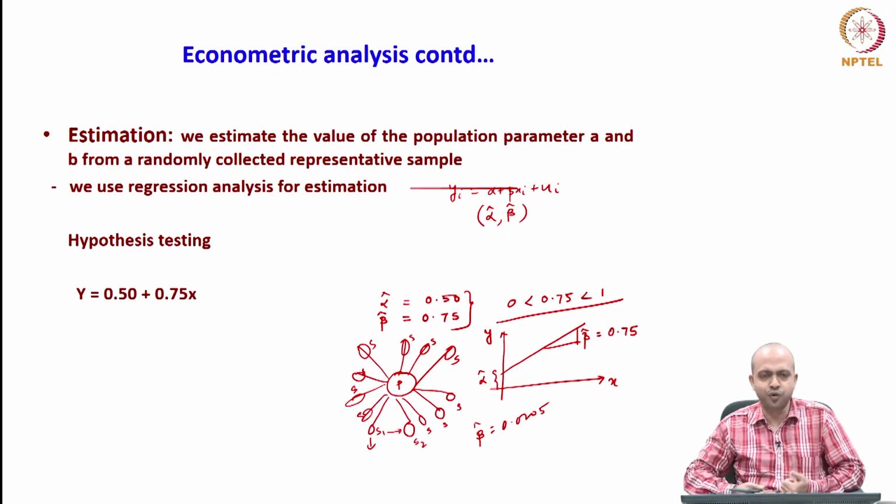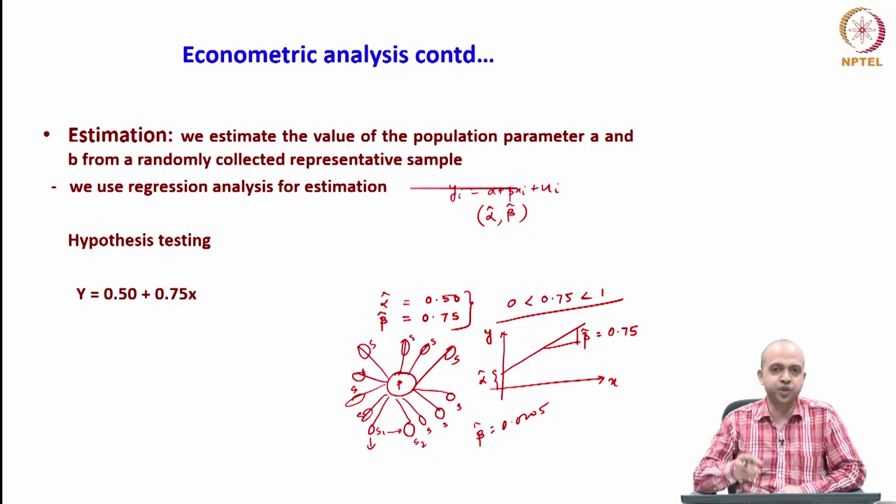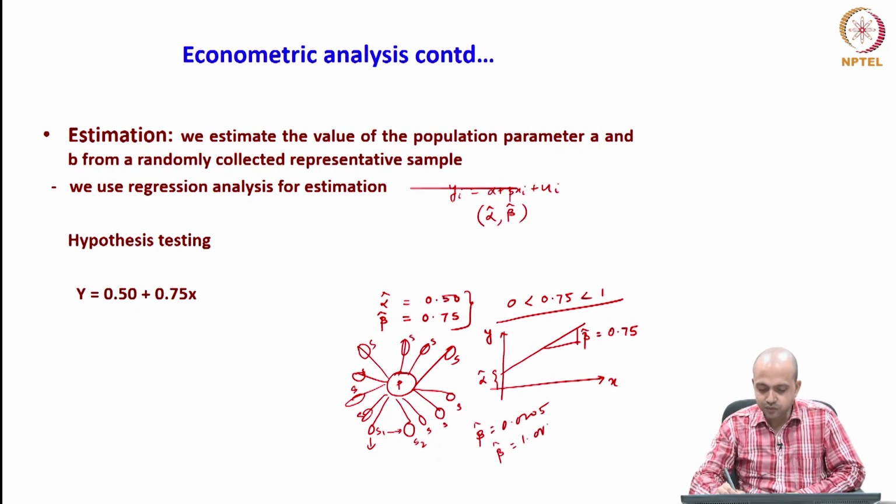You have drawn one sample and in that sample it is 0.75, while there is no guarantee that in the next sample of 200 individuals, beta hat will again come out as 0.75 or 0.70 or 0.80. Or it may so happen that beta hat is even 1.005 in the next sample. That means I cannot rely on the estimate that I got from only one sample.